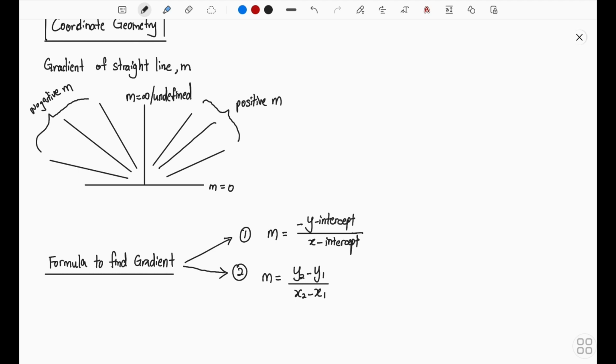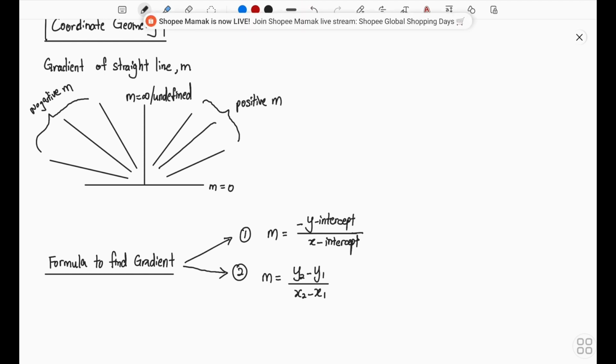So meaning to say, for the first formula, you can only use it when you have x and y-intercept. Just to recall back, your x-intercept is the point where your line is meeting or touching your x-axis, and for y-intercept, it is the point where your line is touching the y-axis. And for the second formula, you can use it in any kind of situation.